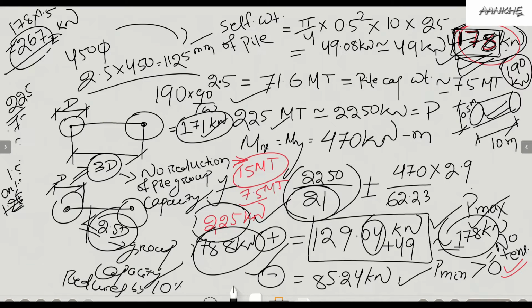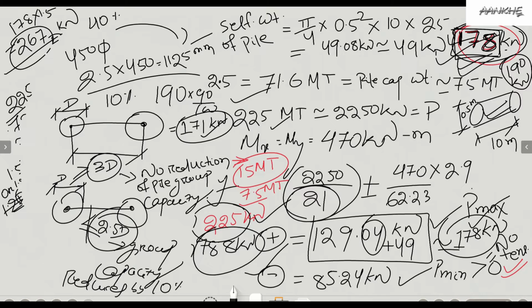In this case, code allows you to take the overstress in the pile, such that the group capacity increases 10%, but per pile you can increase up to 40%. Sorry, actually per pile you can increase maximum to 40%, whereas entire group capacity increases 10% only.